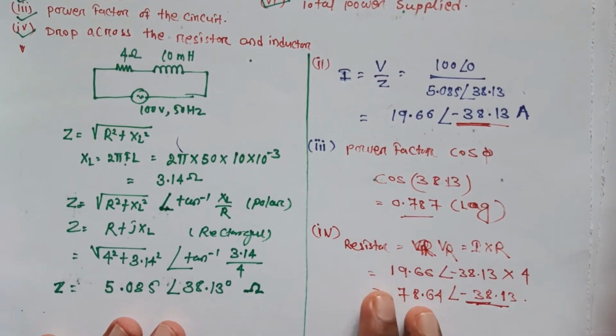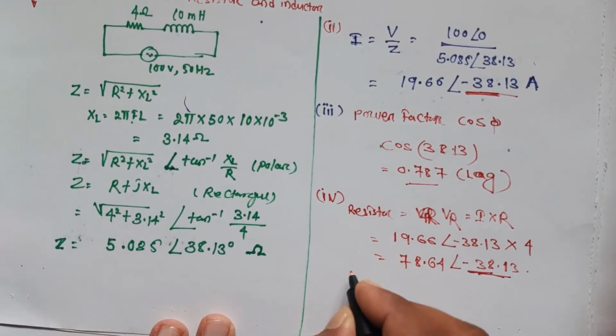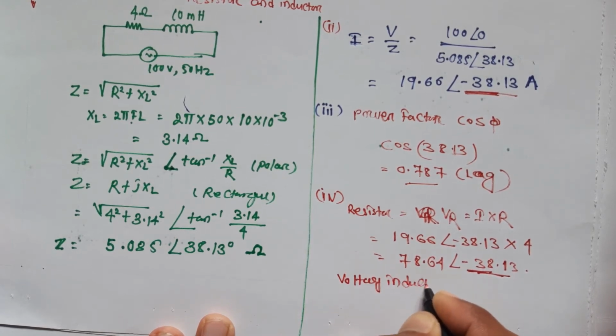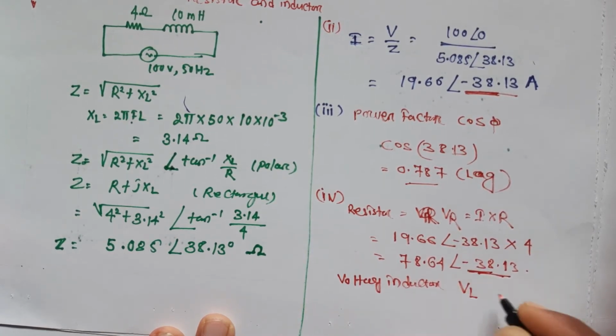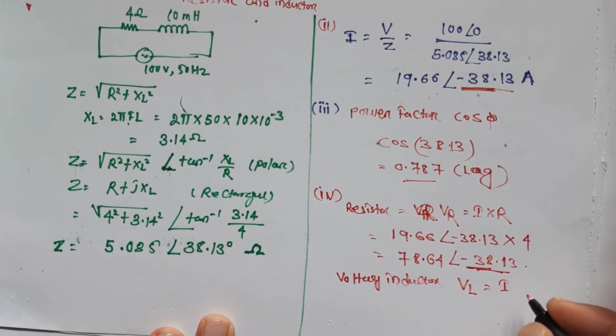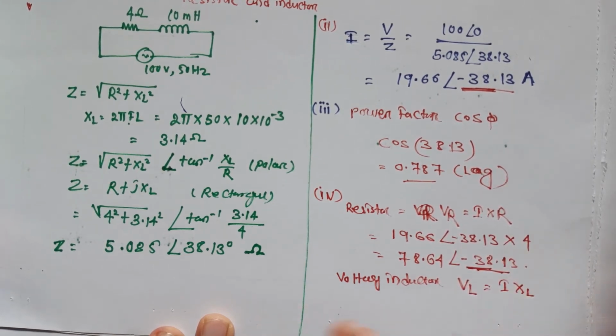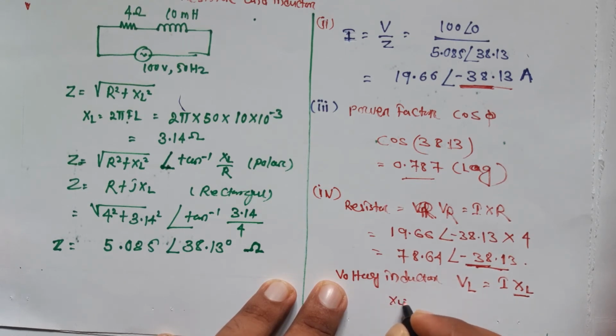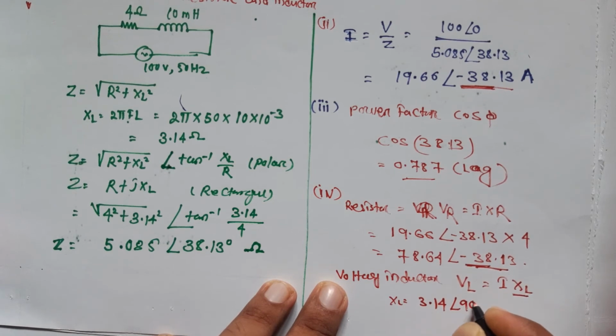Next we find the voltage across the inductor, VL, which we can write as I into XL. We know that the XL angle is 90 degrees, because if you convert this XL value into polar form, then XL is 3.14 angle 90 degrees.